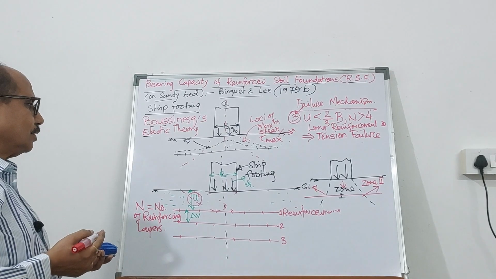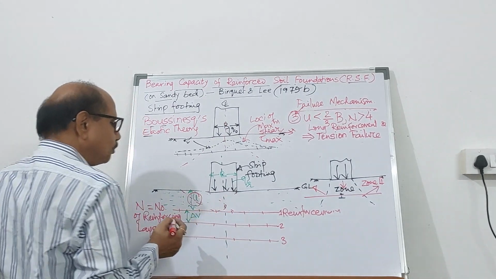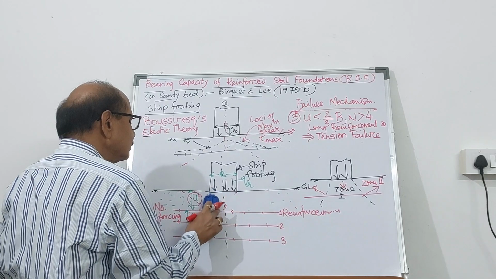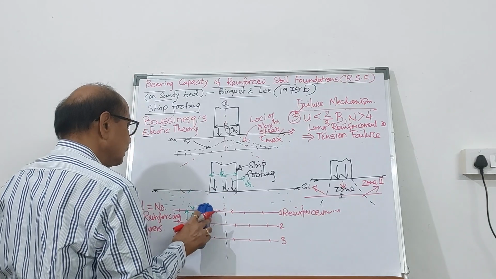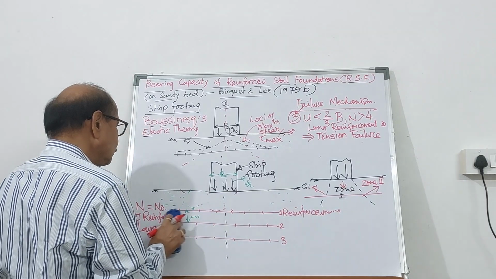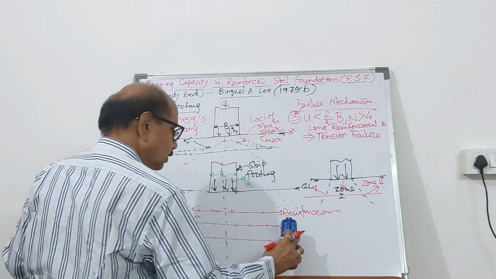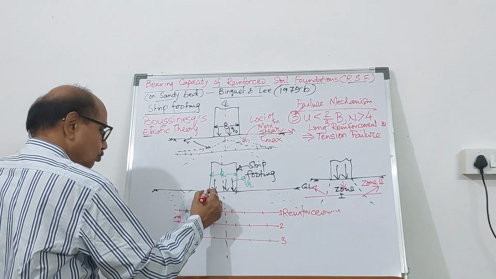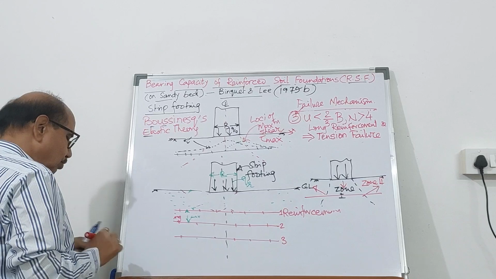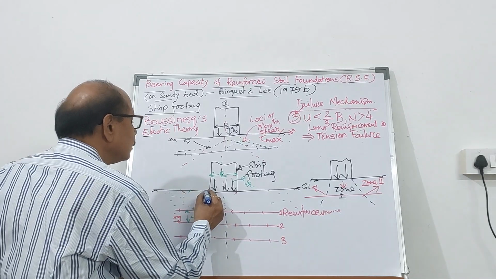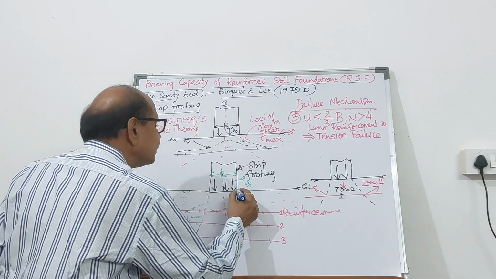Now friends, I have already told you that if there is a reinforcement here, you can just see these are the reinforcing layers. Now, the maximum shear lines can be drawn. Locus of maximum shear will go like this.